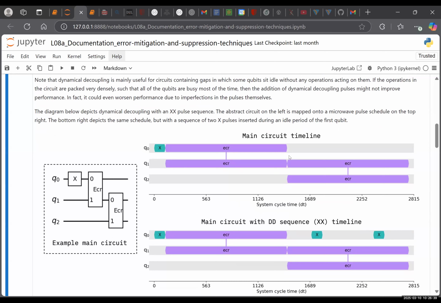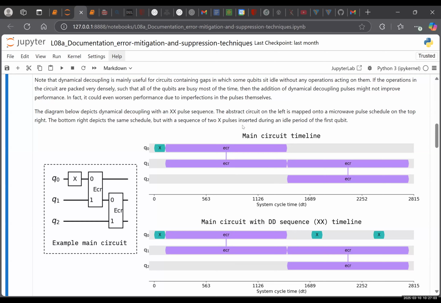But you see that this part is idle. Actually, this part is also idle too. But in this example, x times x is supposed to be identity, so they apply to this idle qubit a sequence of two x pulses.